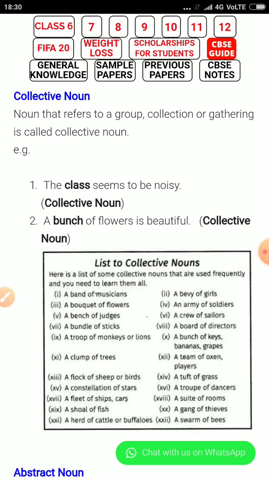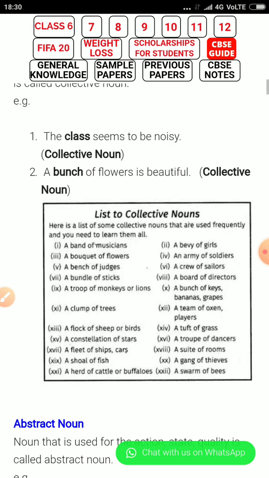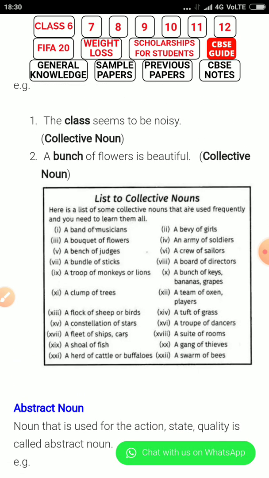There are many more collective nouns. We can go through some of them, but these are very good examples which I mentioned here.